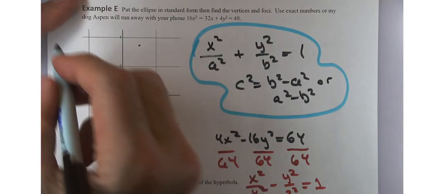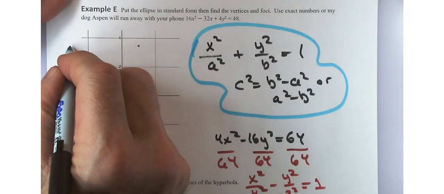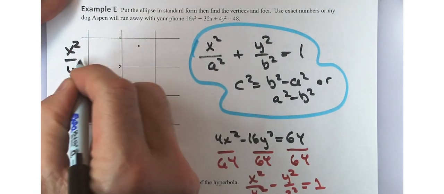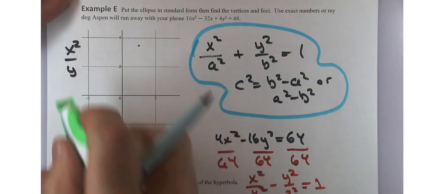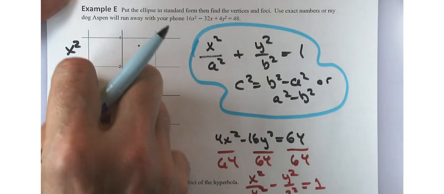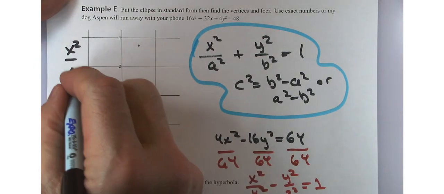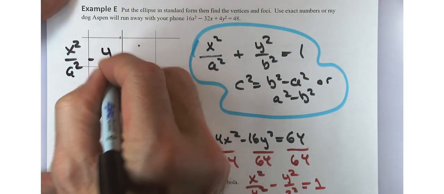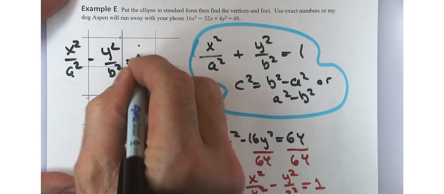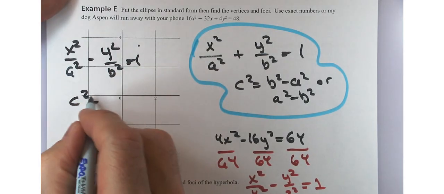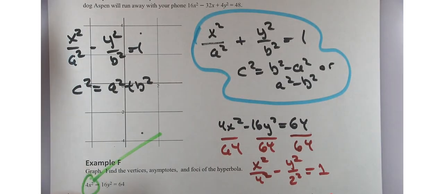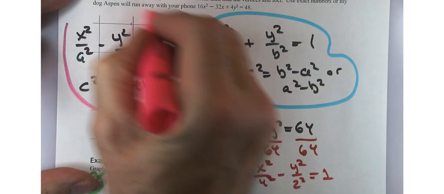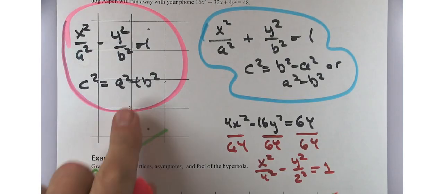When you have x squared over a squared minus y squared over b squared, your calculation for c is going to be different. c squared is going to equal a squared plus b squared.